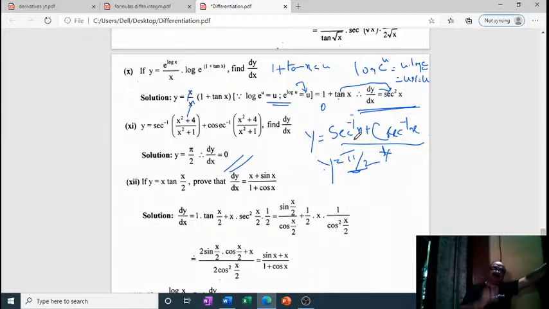See, such a big sum, and how simple the answer is. My focus here is you need to connect the formulas. Secant inverse x plus cosecant inverse x is pi by 2. If this concept strikes you, the sum is done.